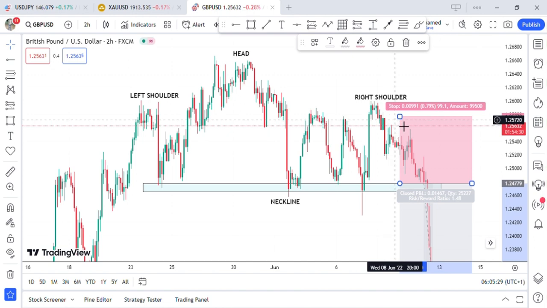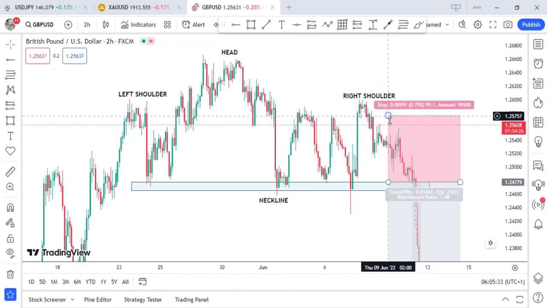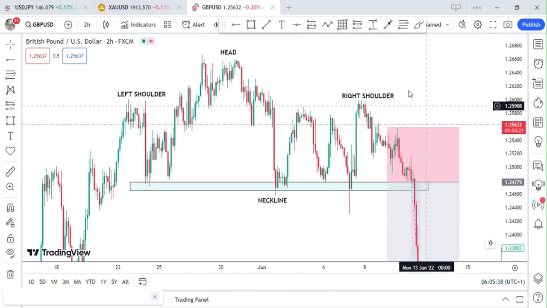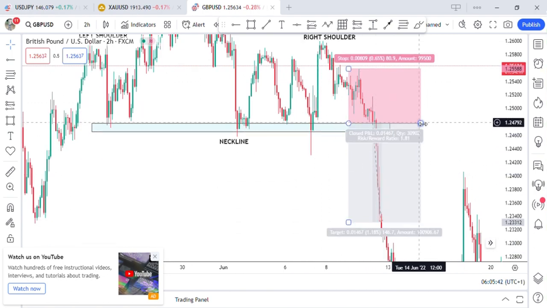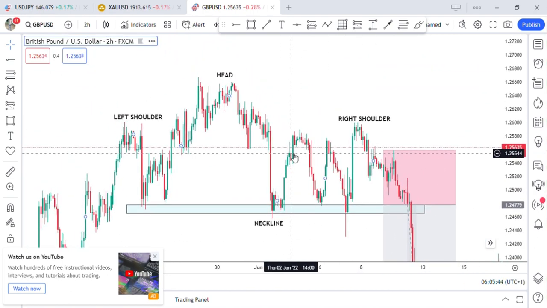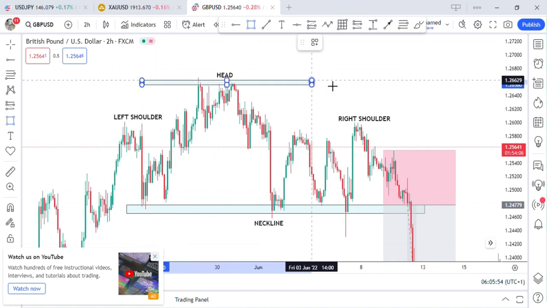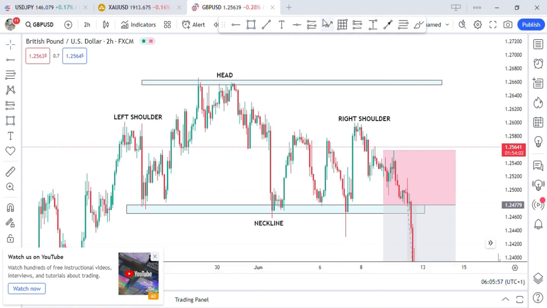I think the previous swing high. Can you see, without money management, without risk control, because they don't really understand what is happening in the market, they say take profit from this level. They'll project from the neckline to the edge, sorry, my bad.